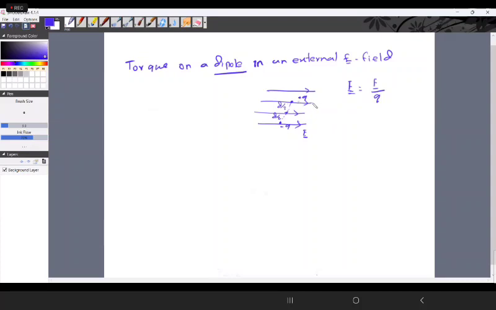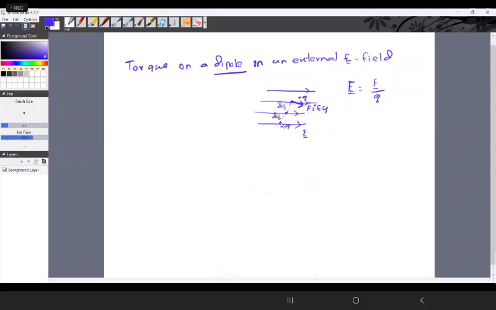Therefore the force also will be along this direction, say F. From this equation, E is equal to F over Q, therefore F will be equal to E times Q. So we have plus EQ.